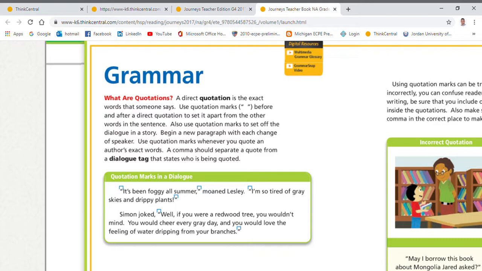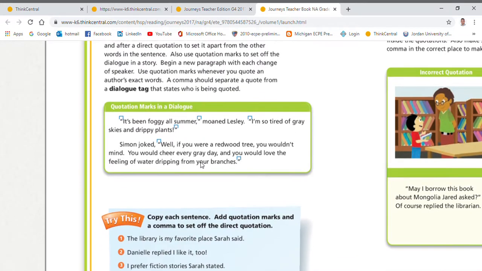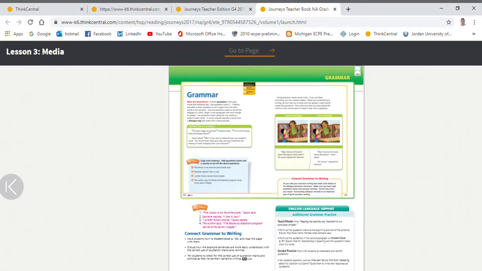I'm going to use the quotation mark before and after the direct quotation that someone said, okay? Like these here in the examples. And remember that I might have a split quotation, like this example, and I need to know where to put the quotation marks and how to use them correctly, okay?